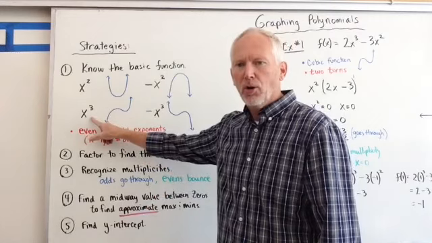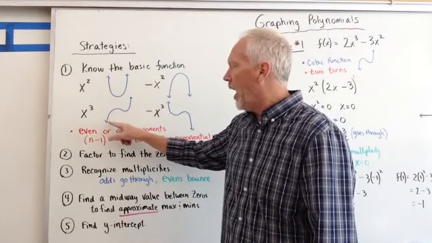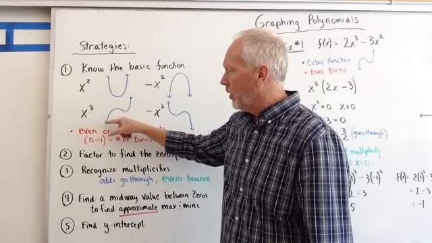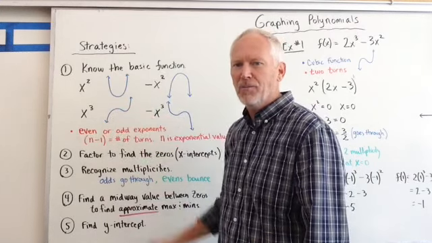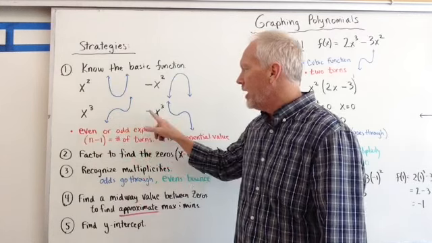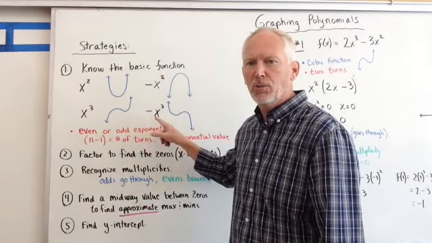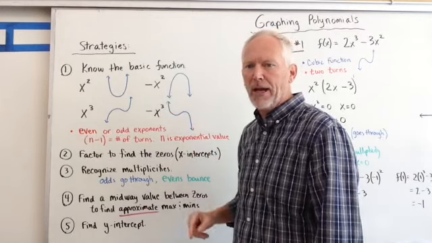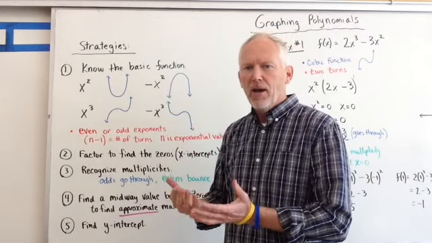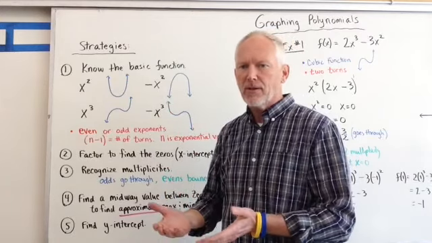From there, we go to the cubic function. If it's a positive cubic, we know we're going to fall to the left side and rise to the right as the end behavior of that function. If it's a negative x cubed, then that means it's going to rise to the left and fall to the right. And then from there, everything else falls into place.